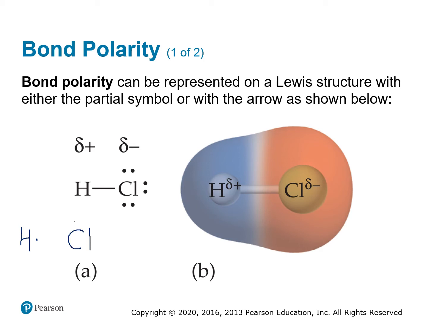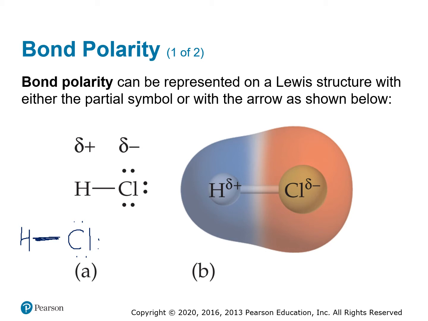So 1, 2, 3, 4, and then 5, 6, and 7. Hydrogen needs 1 more electron to form its duet, and chlorine needs 1 electron to form its octet.